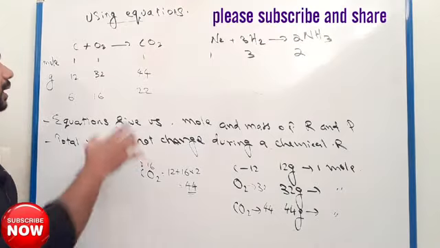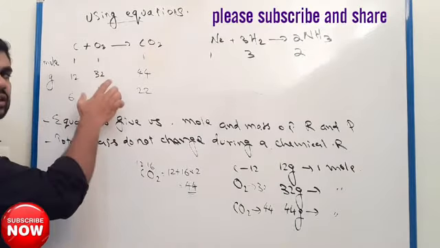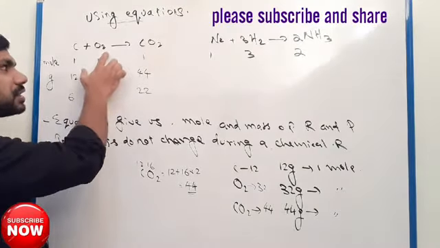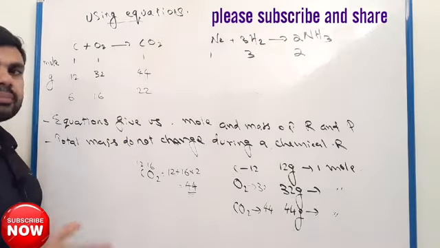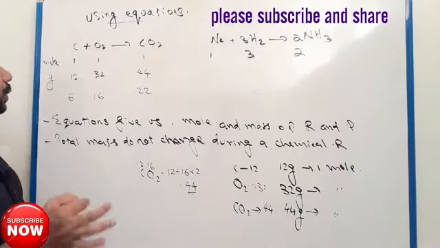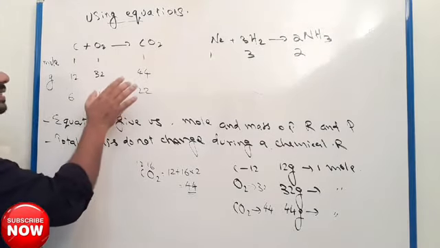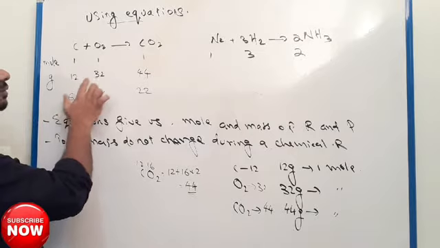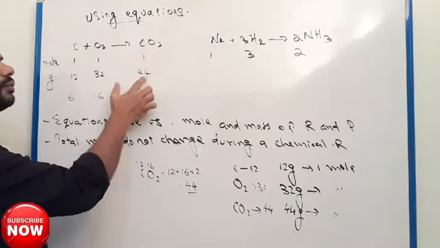So you can say 12 gram carbon reacted with 32 gram of oxygen forms 44 gram carbon dioxide. Clear? So 12 gram reacting with 32 forms 44 gram.